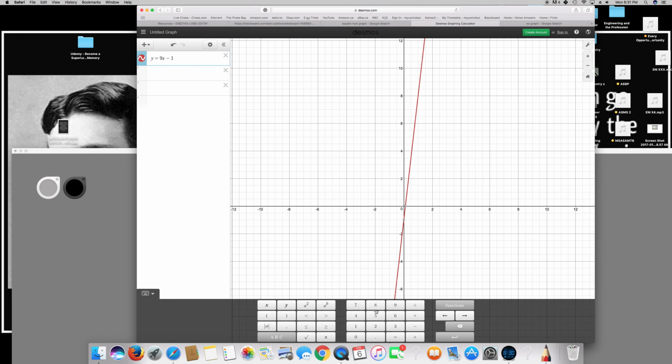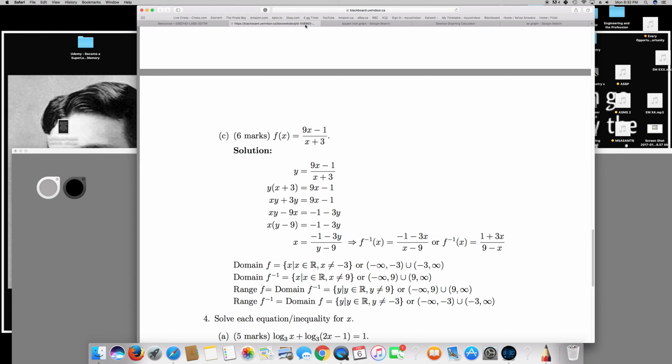Let's put the bracket here, so it will make it clear that it's common for everything. And 9x minus 1 over what? Our question is 9x minus 1 over x plus 3.